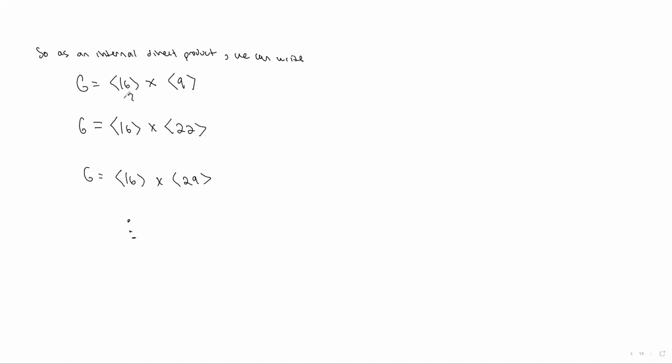And in each case, this is isomorphic to Z3 because they have both factors of order 3. This is isomorphic to Z3, this is isomorphic to Z3, this is isomorphic to Z3, this is also isomorphic to Z3. Okay, so that's actually all that we were supposed to do this week.